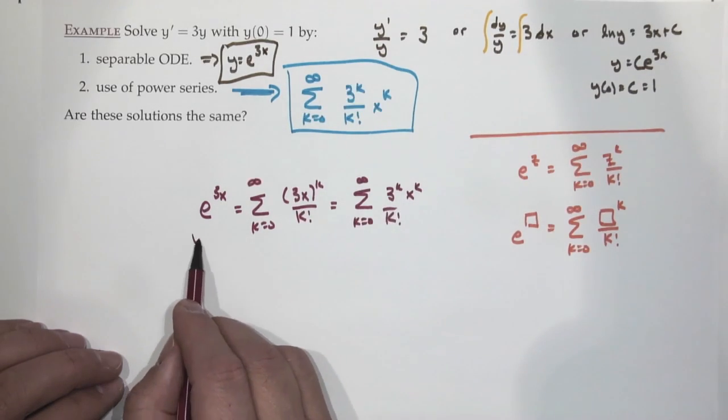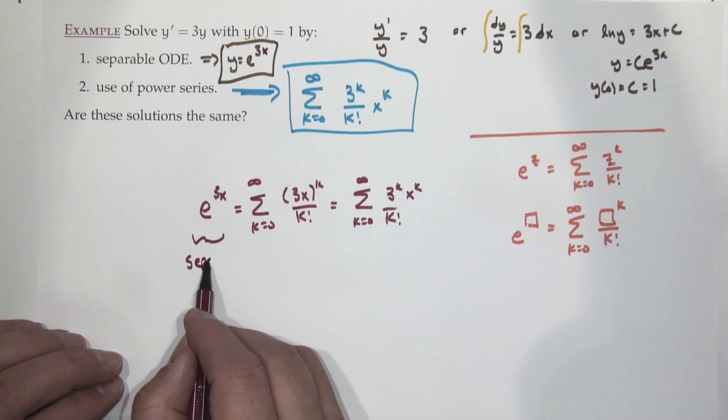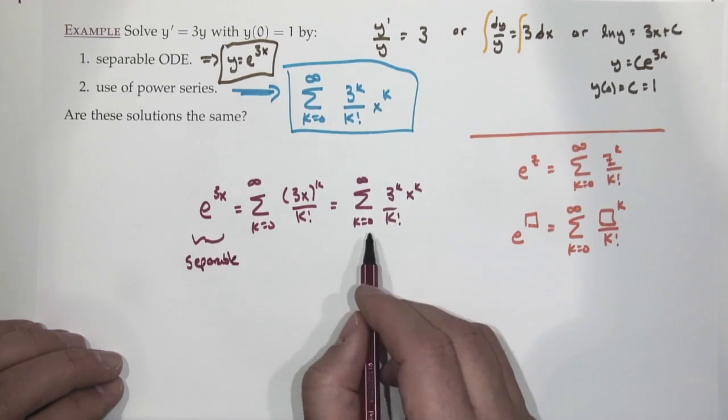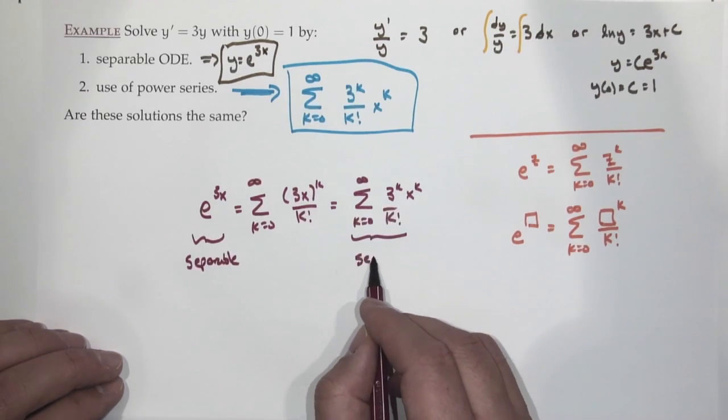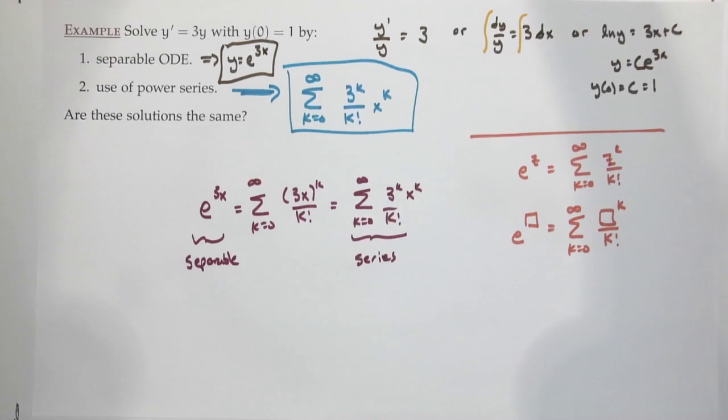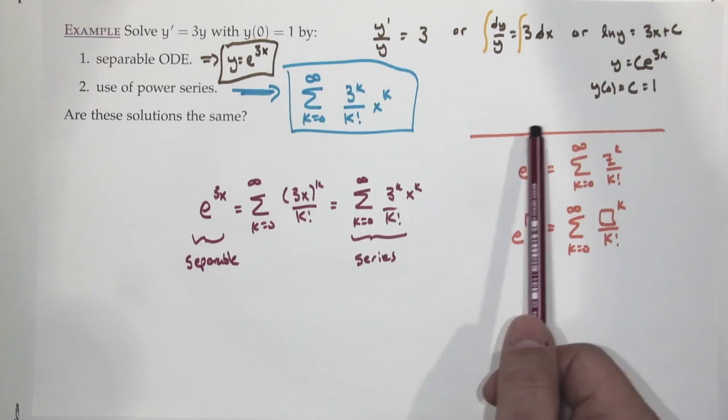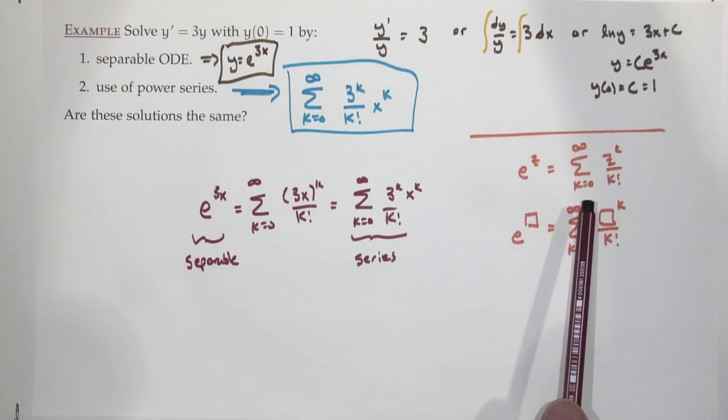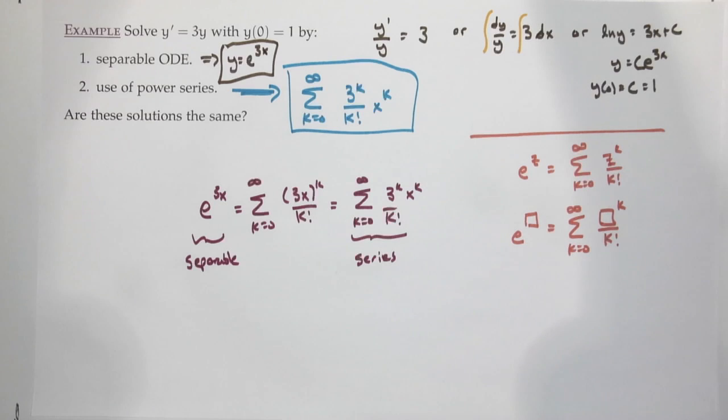So our separable solution, and here's our series solution. And they're the same. Now you might say, well, Steve, there's a technical thing, right? When is this relationship true? Always. So life is good.